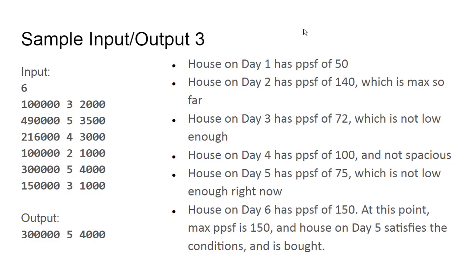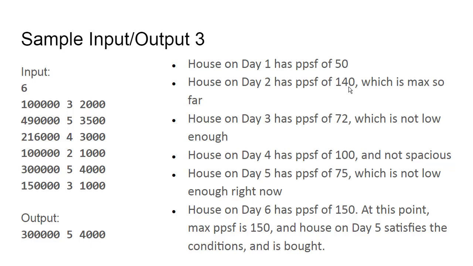So the next sample input and output. I suggest you actually go through the list and decide which house Professor Goldluck should buy first. Okay, so on day 1, the house has a PPSF of 50, and on day 2, a house with a PPSF of 140.